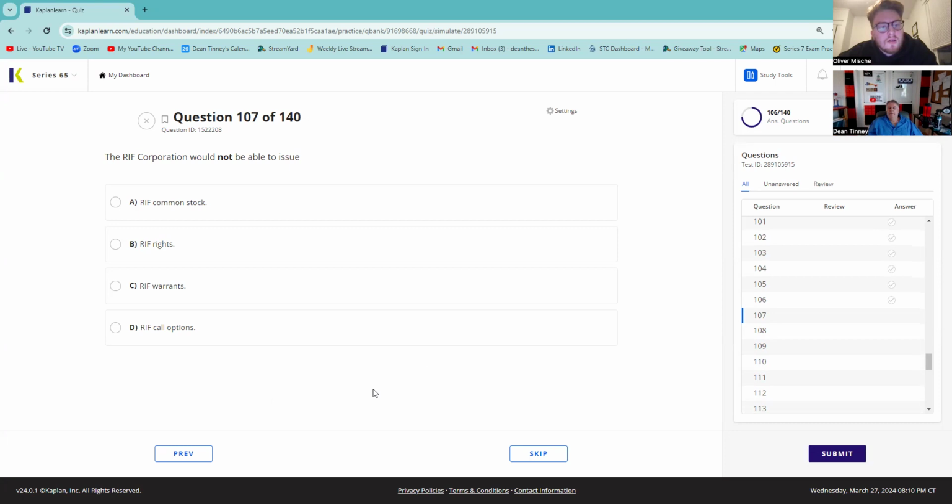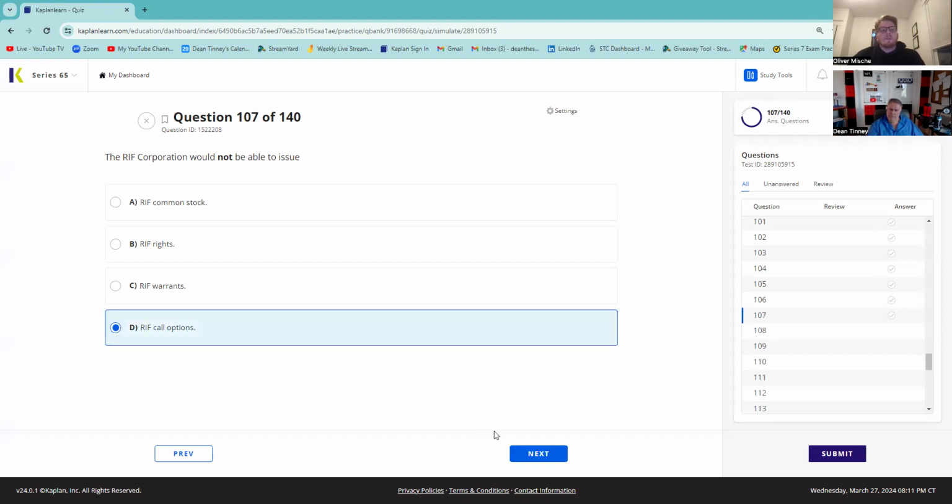They do. Does a corporation issue rights to its existing shareholders that they can exercise to maintain their proportionate ownership? They do. Do corporations issue warrants as a sweetener to get you to buy bonds? The answer is they do. You get that in the secondary market, right? Yeah, CBOE.